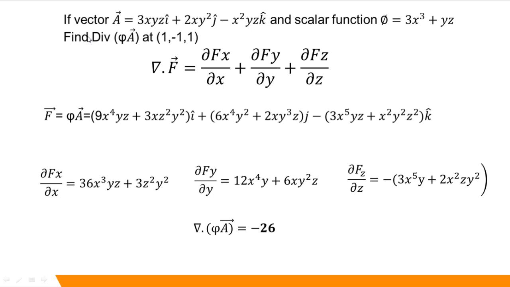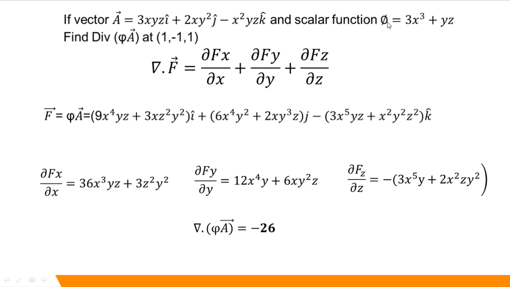We have to find the divergence of phi A at the point (1, -1, 1). So the divergence of this phi A, it is not the gradient. In the first question we took the divergence of the gradient. It is not a gradient, it is a multiplication of the scalar function to the vector.